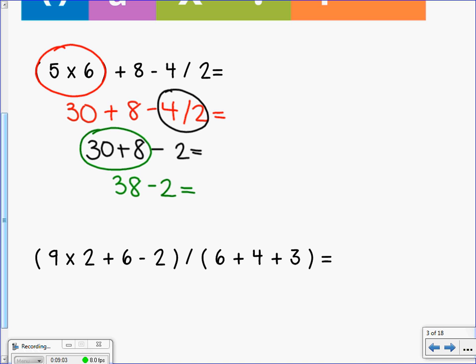And now you're left with like a super beautiful, simple, fun math fact. 38 minus 2 is? 36. Okay?